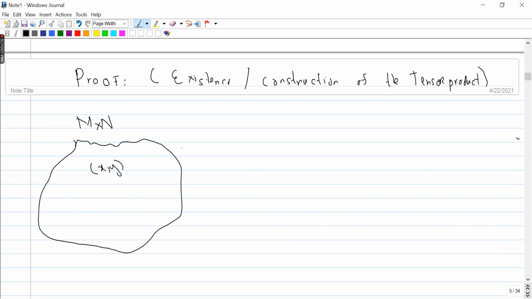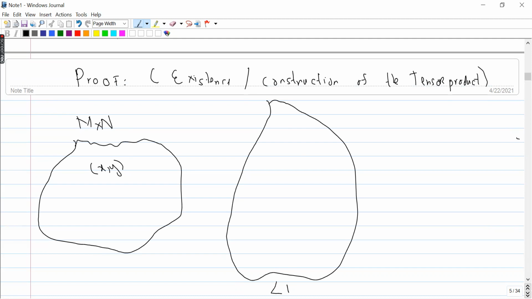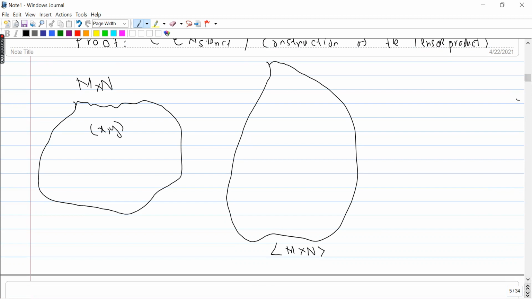Okay, so now with the help of this, I can construct, or you can say take, linear combinations with the help of M and N. So construct a module with generators sitting in M cross N. This module contains elements in this form, where all the xi's and yi's are sitting in M and N. So in this way, we can construct an R module.